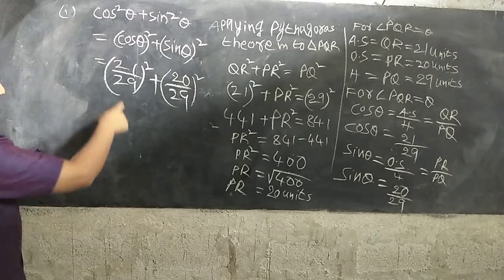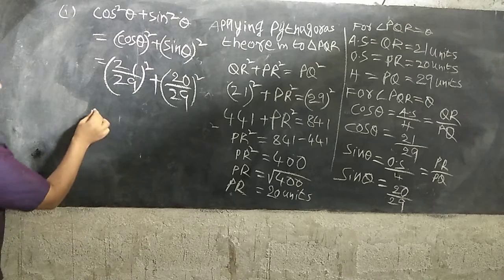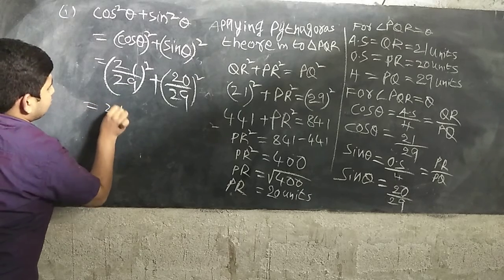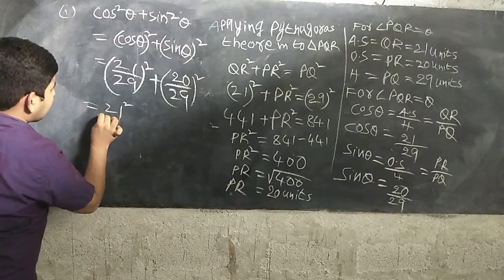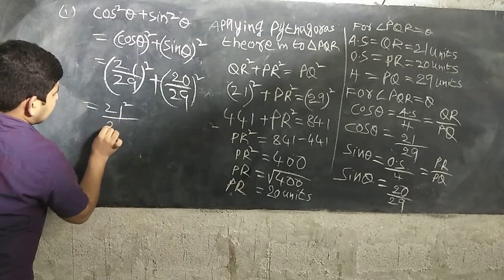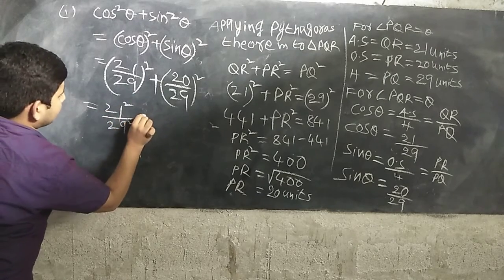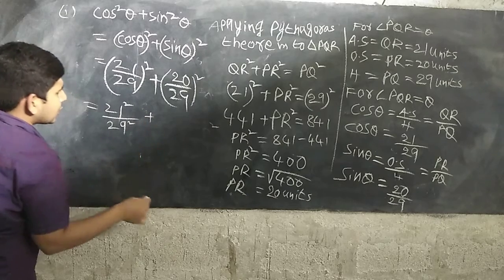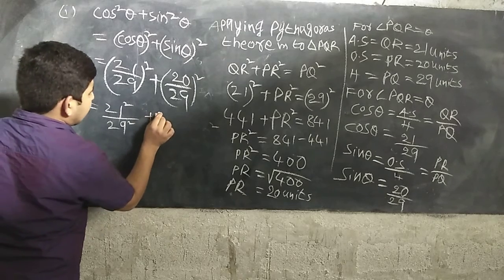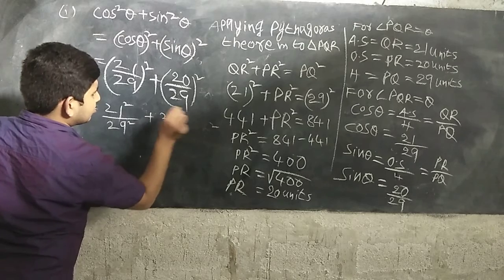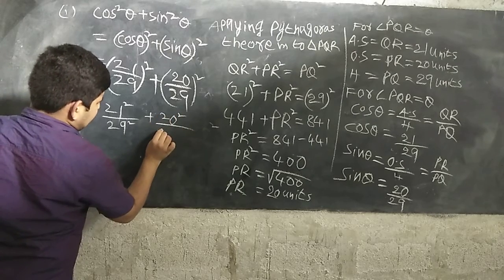Now this is in the form of a by b whole square, so it is a square by b square. 21 square by 29 square plus 20 square by 29 square.